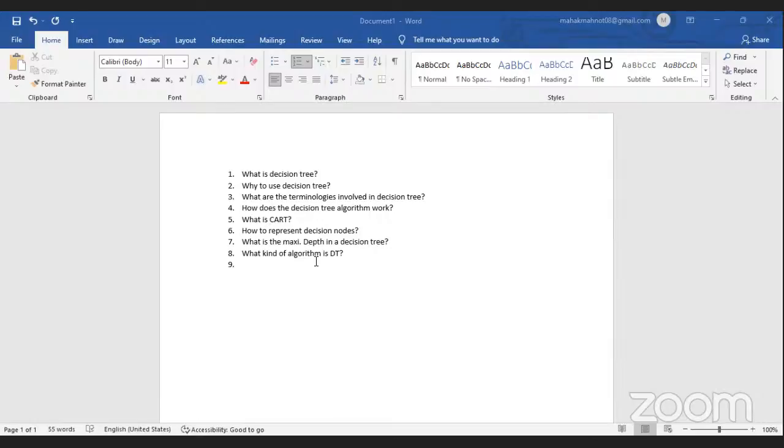Next question is, what is the drawback of a decision tree? Everything has advantages as well as disadvantages. So what is the drawback of a decision tree?